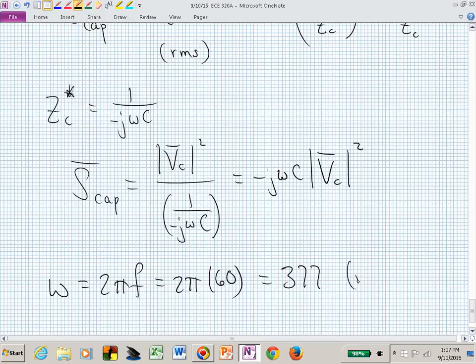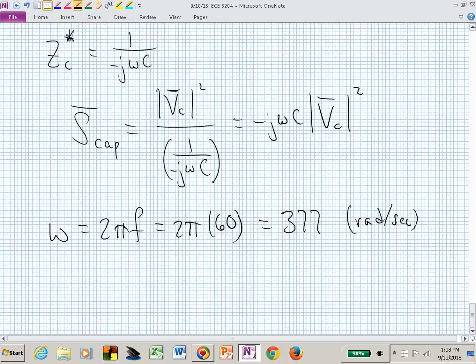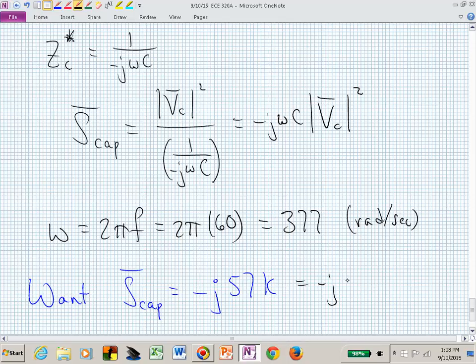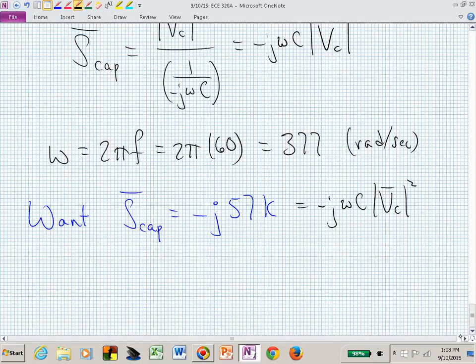This is now radians per second. And you just told me that we want the capacitor's complex power to be minus j57K, and we have an expression for that. That's minus j omega C V sub C squared. The minus j's cancel, and we can solve for C by dividing both sides by omega V sub C squared.